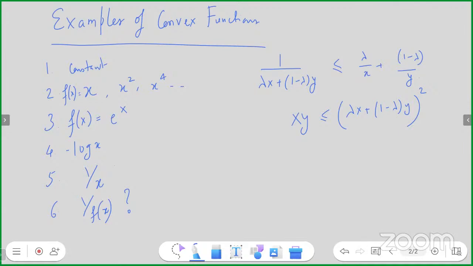For example, x square. Is 1 by x square convex? Not easy to check unless we do something. Okay, so let's just keep producing examples and we'll come to the characterization and let us resolve all of these. Any other interesting examples of convex functions? There are many, plenty.